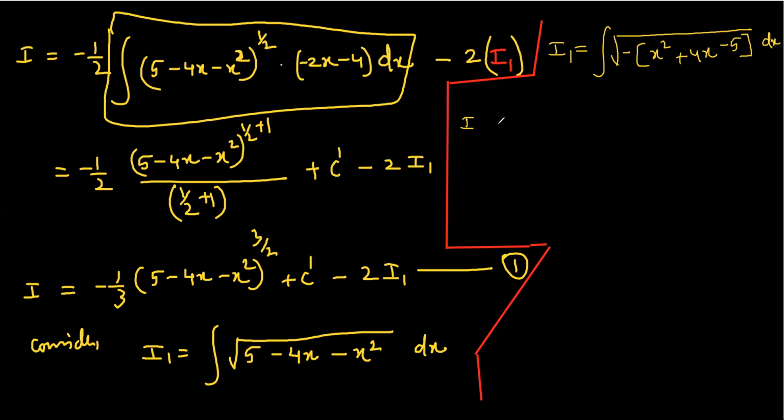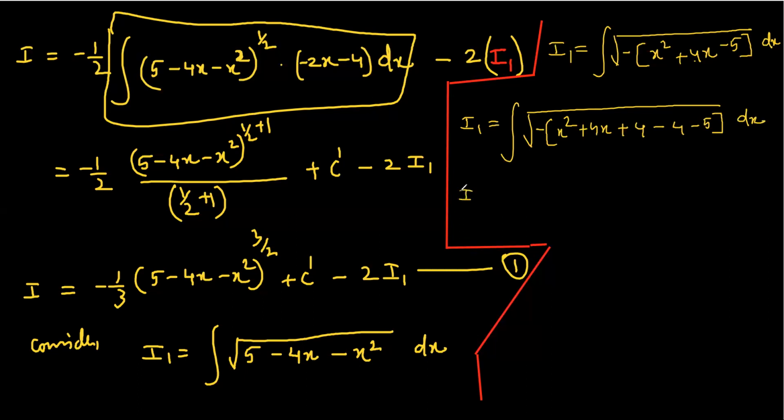So I get I1 equals, now I find out the proper last term. The last term here is 4, because the coefficient of x is 4. You divide it by 2, you get 2. When you square that 2, you get 4. The last term formula is half the coefficient of x, the whole square. So negative, I get here x squared plus 4x plus 4 minus 4, and this minus 5 was already there.